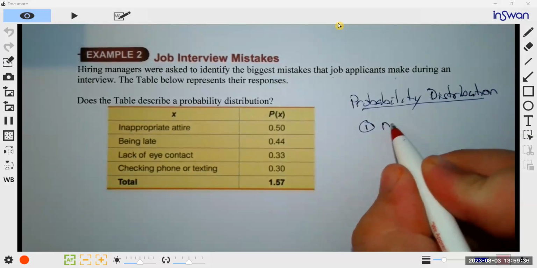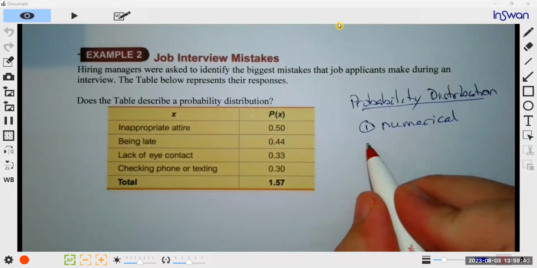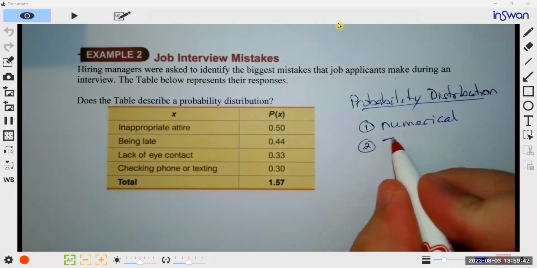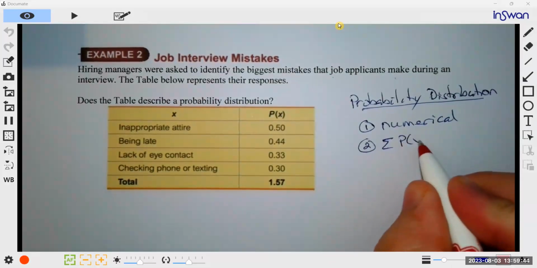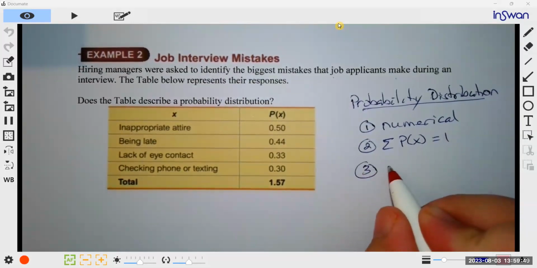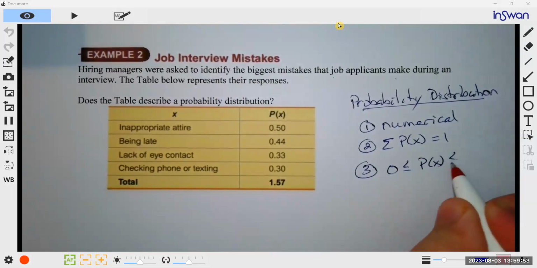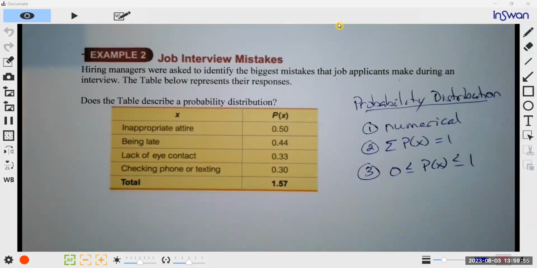It is numerical. The summation of all the probabilities has to equal 1. And each probability has to be between 0 and 1.